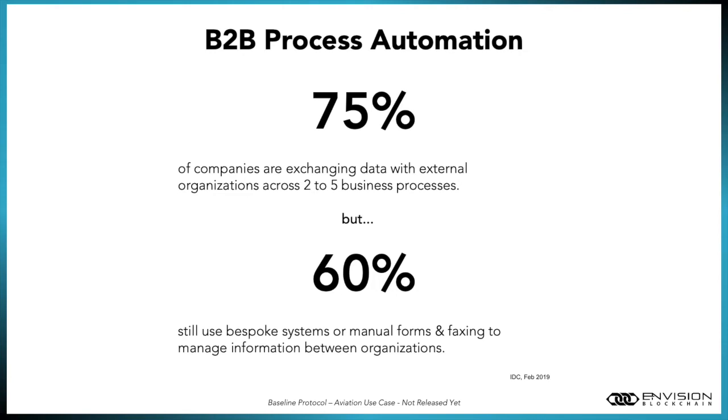For example, if you're in manufacturing, you're buying parts from your suppliers, right? So that's two separate organizations. You can look at that in any industry where you most likely are working with external organizations. However, 60% still use these bespoke systems or manual forms and faxing and email or text messages or whatever to manage the information between organizations.